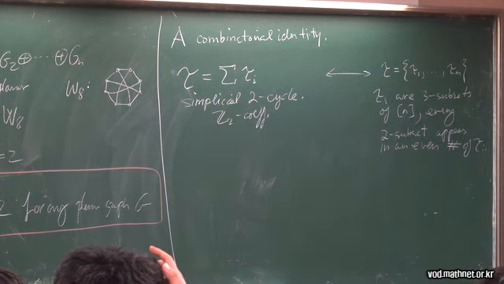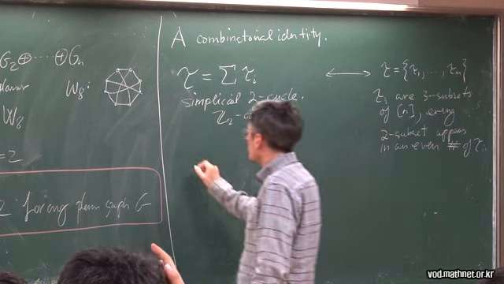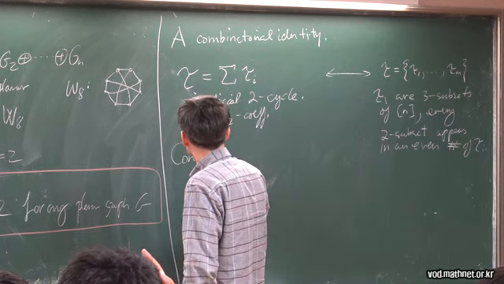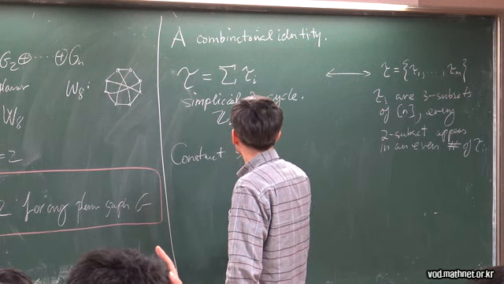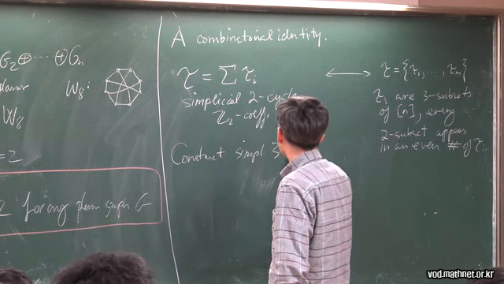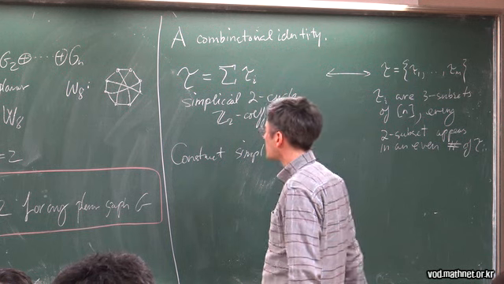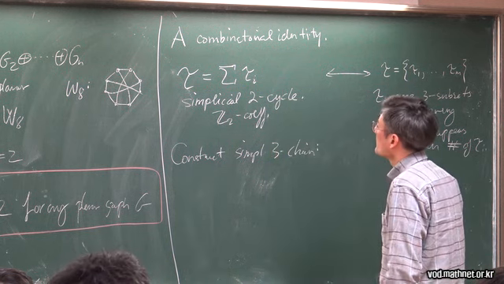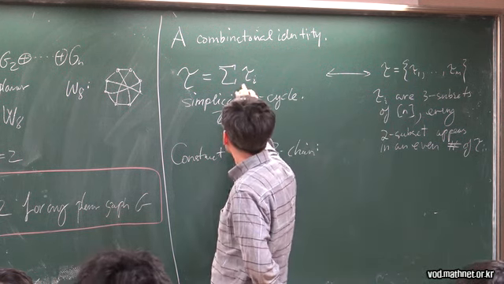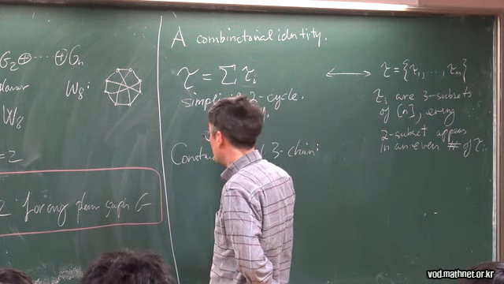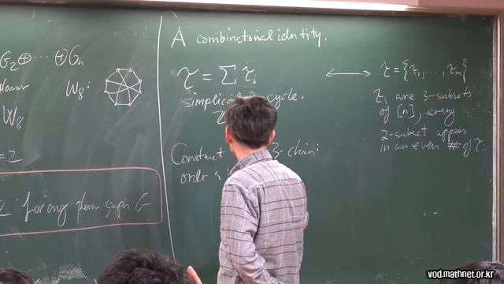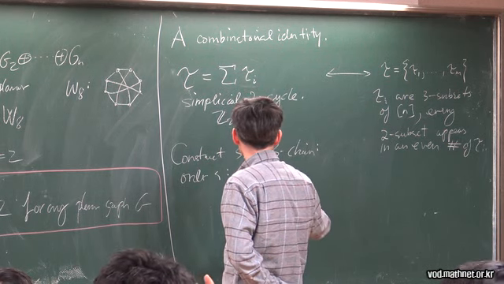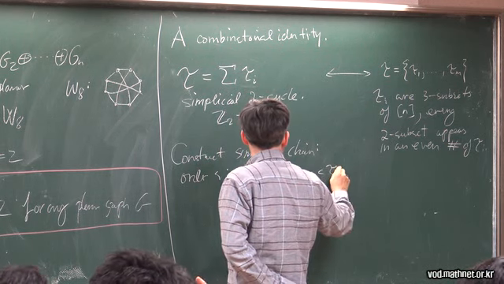Okay? And now I'm going to construct a simplicial 3-chain as follows. First of all, you order these sets here, these triples. So order, say, tau 1 less than tau 2 less than tau m.